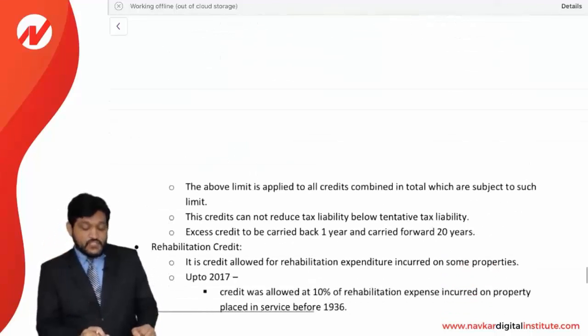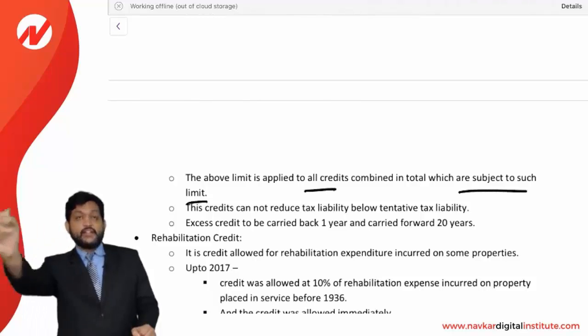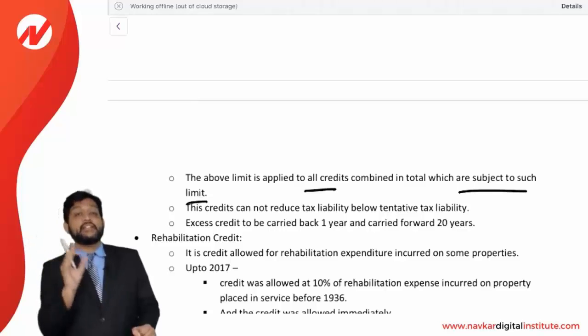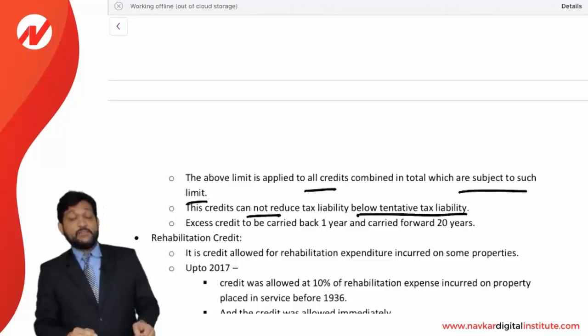Fine. The above limit is applied to all the credits combined in total, which is subject to limit. As I told you, there are so many credits included in the general business credit, and the limit will apply to all the credits in total. This credit cannot reduce the tax liability below tentative tax liability. Look at this.